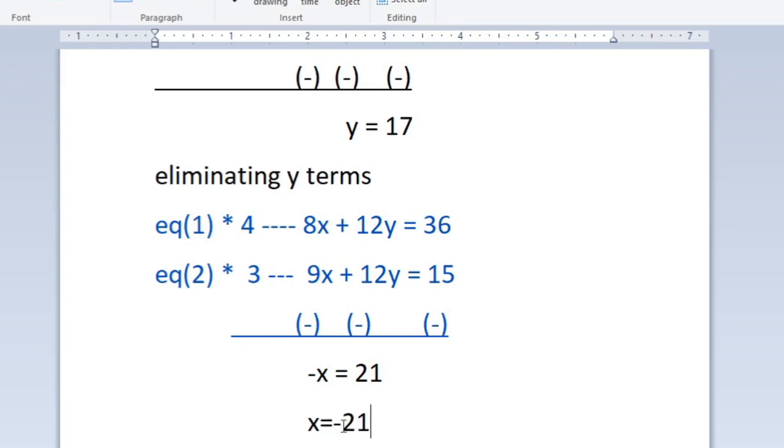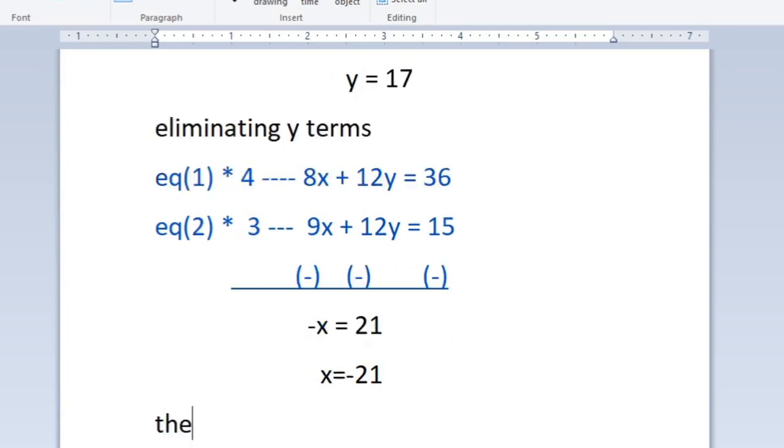Therefore, we will get the values of two variables. The solution is x is equal to minus 21 and y is equal to 17.